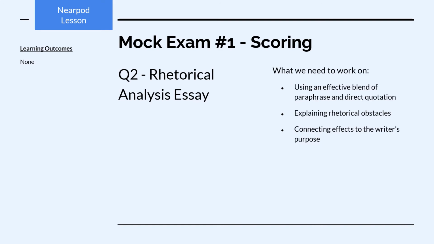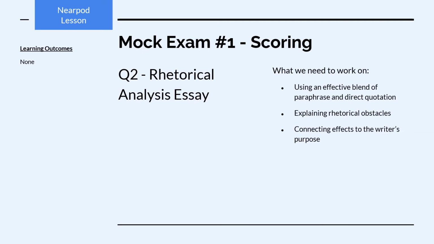Here, however, are some things that we need to work on, some recurring issues that I saw in a number of different papers. First of all, once again, using an effective blend of paraphrase and direct quotation. Once again, since this was done online, a lot of you copied and pasted quotations that were way too long. And this is especially bad on the Q2 because you're actually analyzing language. When you have a quotation that's like 50 words long, how are you going to analyze all of that?